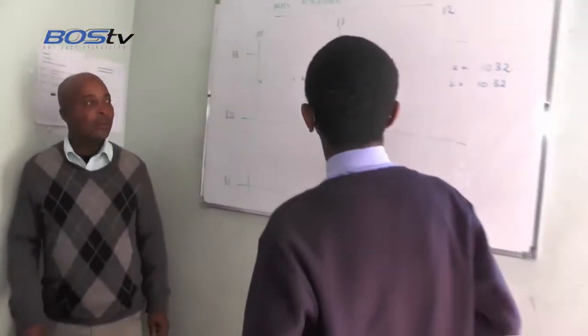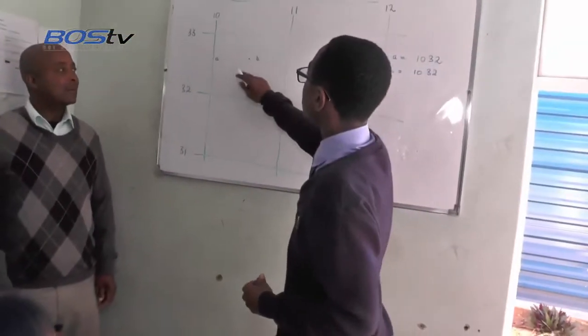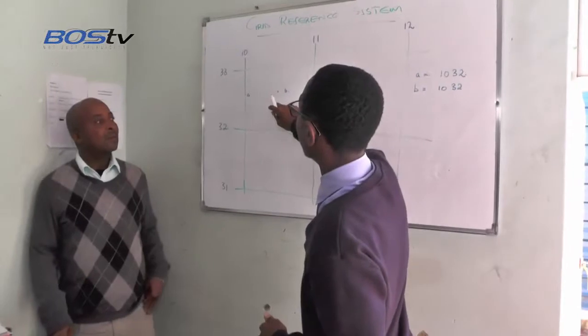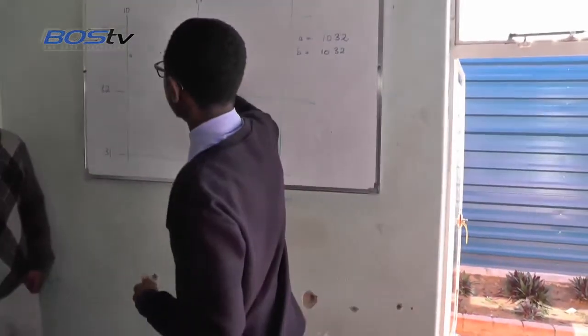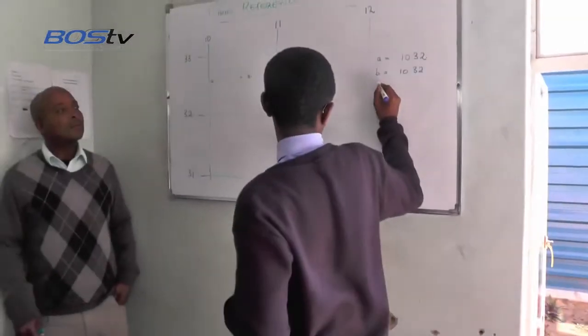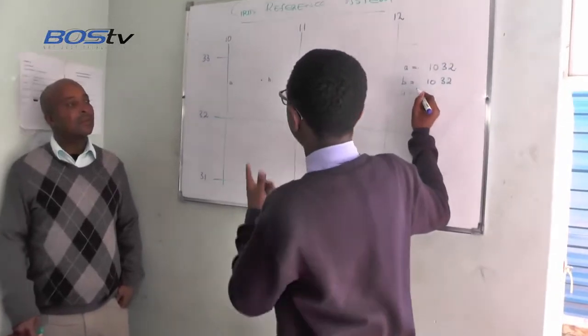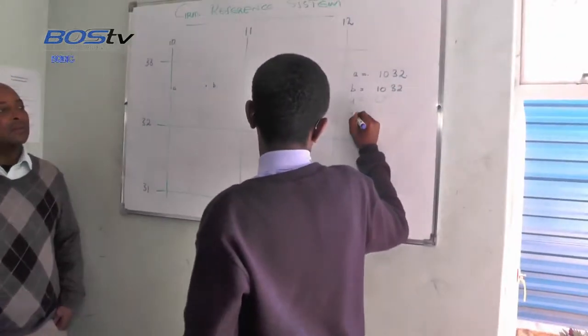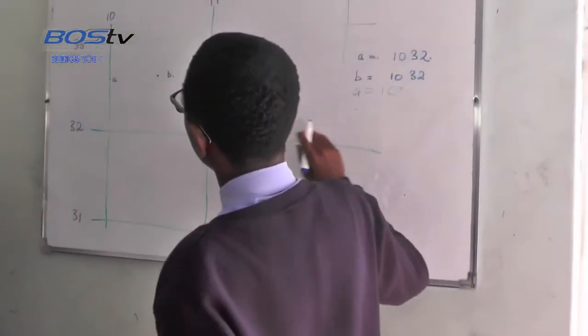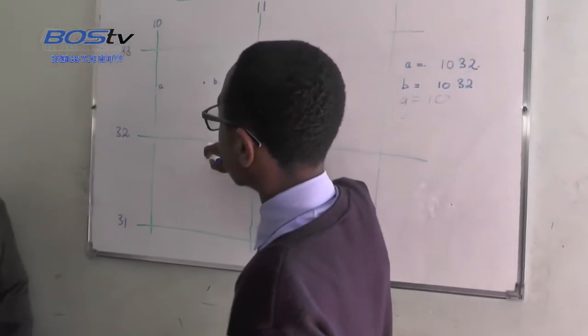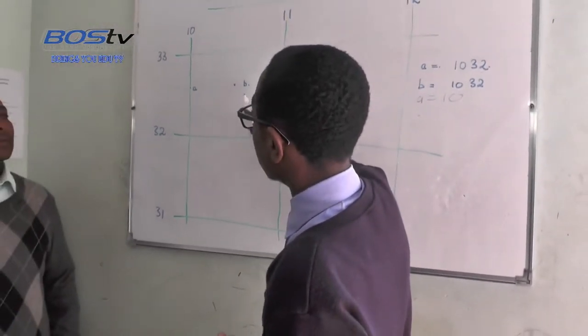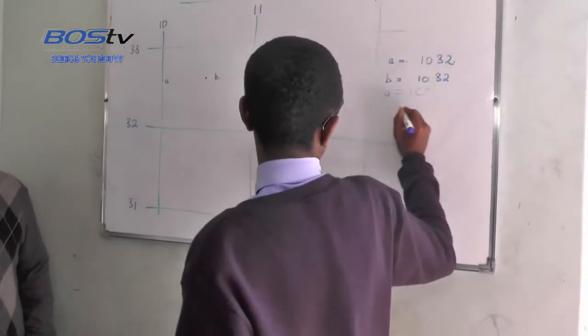Okay, so first we have to do the same thing we did for A. Look for the easting, which is to the left, which we have 10. And then we go on to the northings. Then we look at which one is below, which is 32.